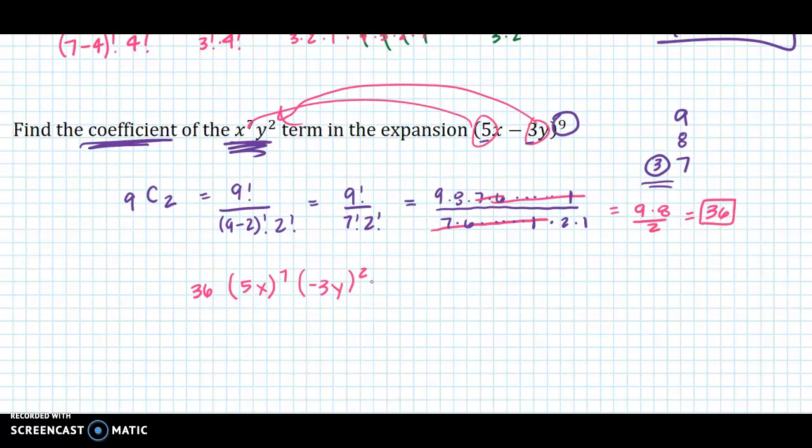And 5 to the 7th, you might not know, is 78,125.